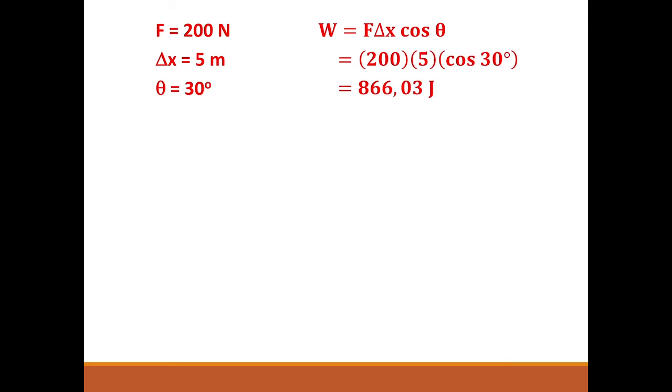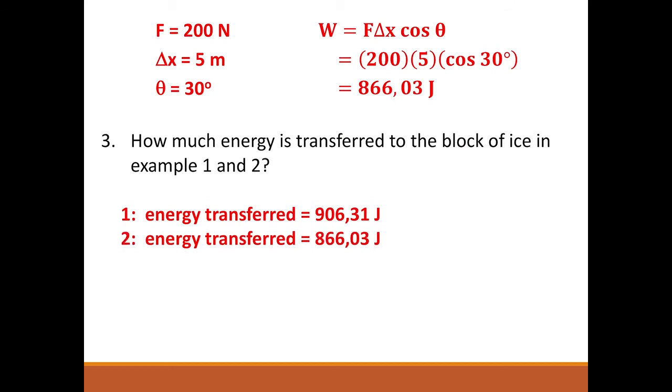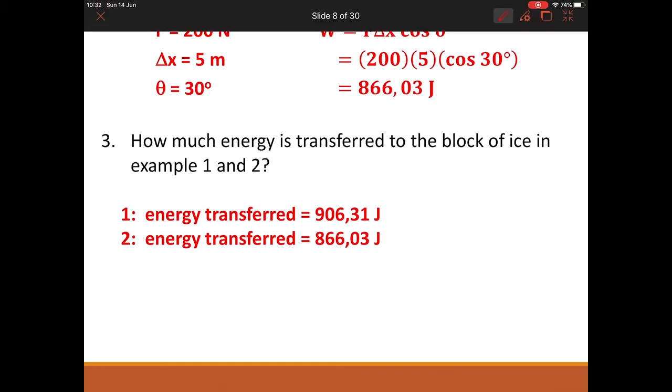The bigger theta becomes, the smaller the amount of work done. Okay? How much energy is transferred in both examples? Well, the energy transferred is the amount of work done. Energy in number 1 is 906.31, and in number 2, 866.03.